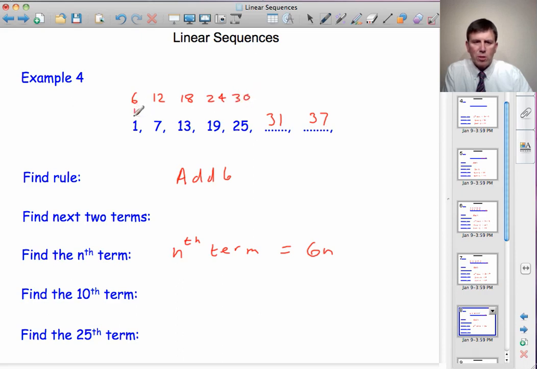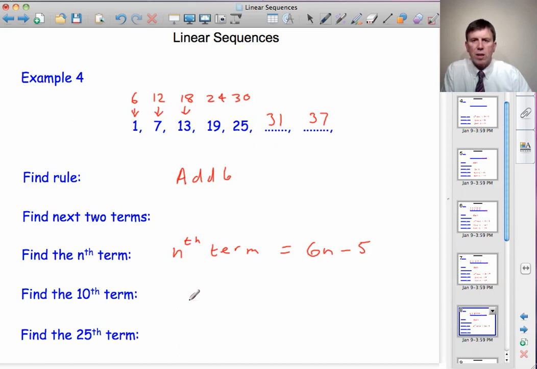We need an adjustment though to make it match the sequence that we have. Inspection here gives 6 take away 5 will give me 1, 12 take away 5 will give me 7, and so on. So the adjustment is -5. Let's just check it works for the fifth one. 6 times 5 is 30, minus 5 is 25, and that matches our fifth term.